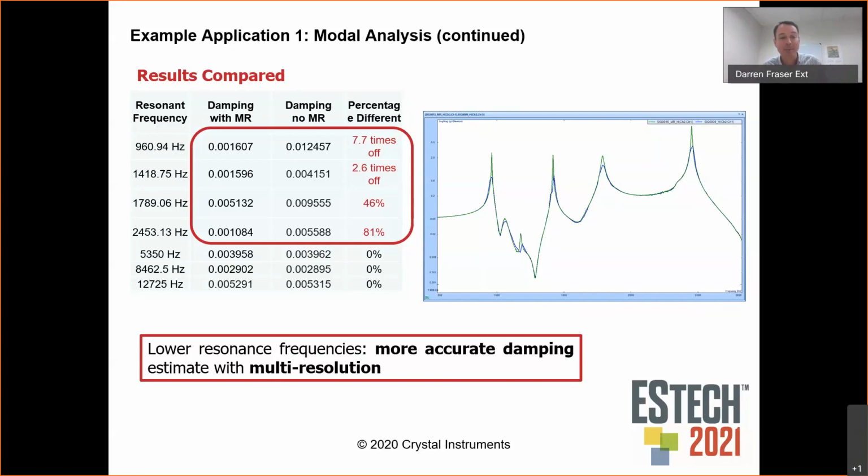It's 2.5 times off on the 1,418 hertz frequency, and 46 and 81% off respectively on the 1,789 and 2,453 hertz frequencies. And we're just noting this because, of course, of the significance that damping plays in modal analysis.